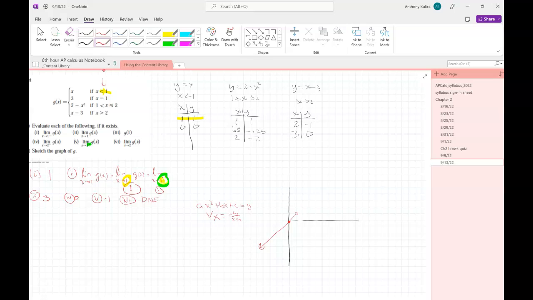And then here I have 1, 1. And again, that should have an open circle, so it's just attaching to where I had before. And then I had 1.5 and negative 0.25.